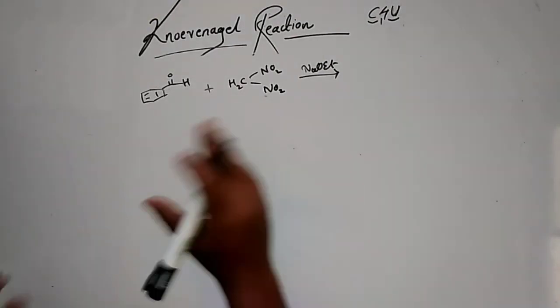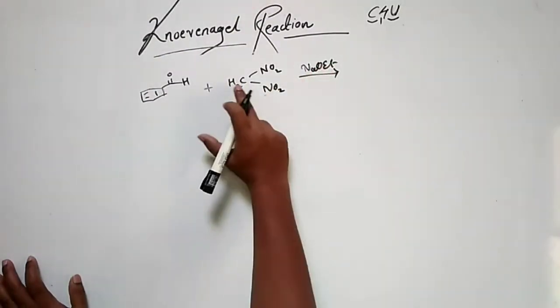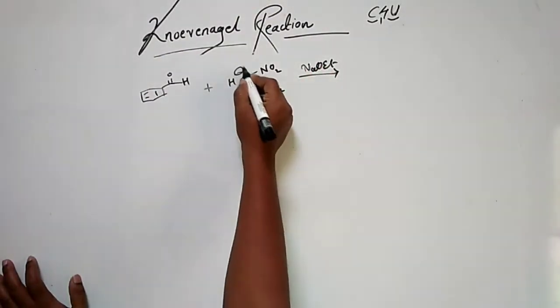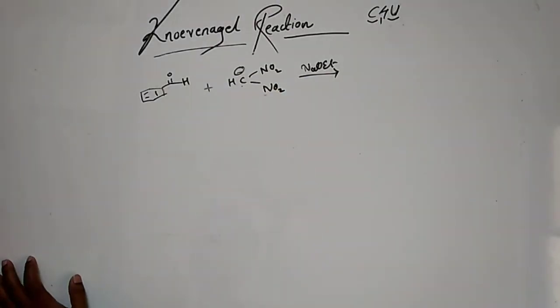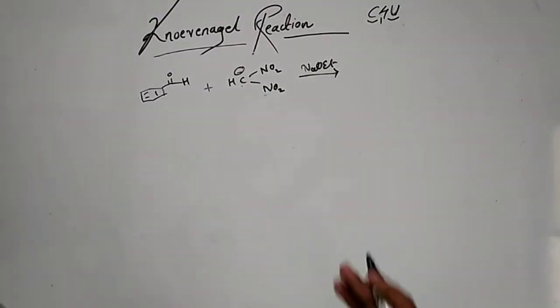We will clear it with the mechanism only. The first thing, OEt is going to abstract the proton here, and you are getting this kind of thing. I don't think there is a need to explain it well, because we have been doing it since the 11th and 12th standard.